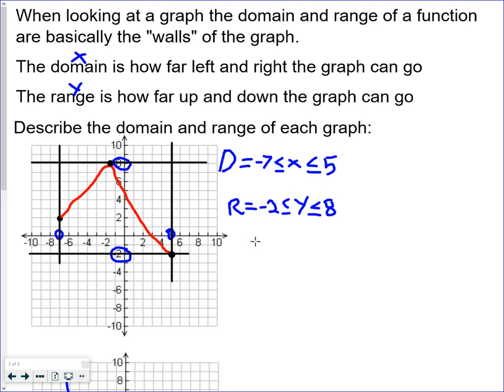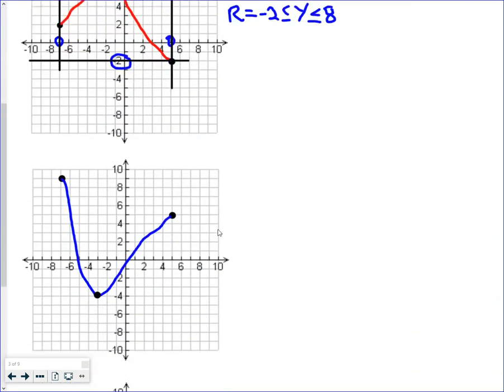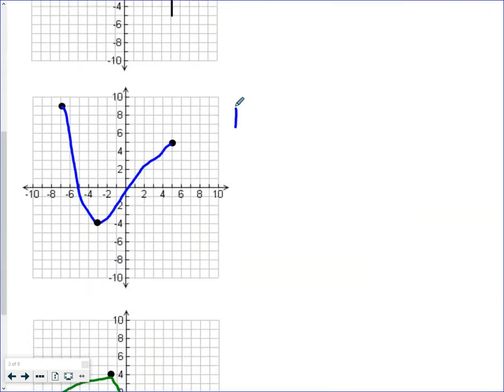Let's try a few more just to make sure we're clear. So for this one here, I'm going to write my domain, write my range. We'll do the domain first. So I go all the way left right here. It looks to be about -7, less than or equal to. And I go all the way over here.